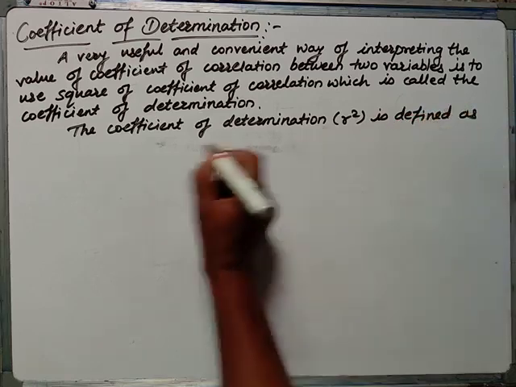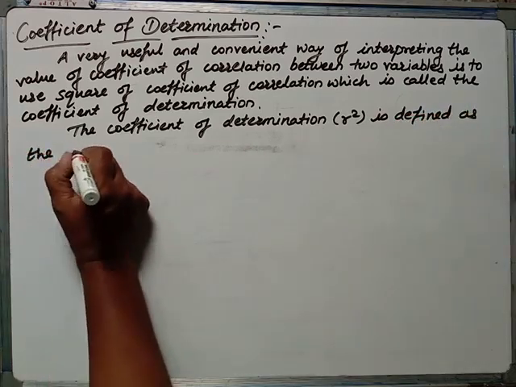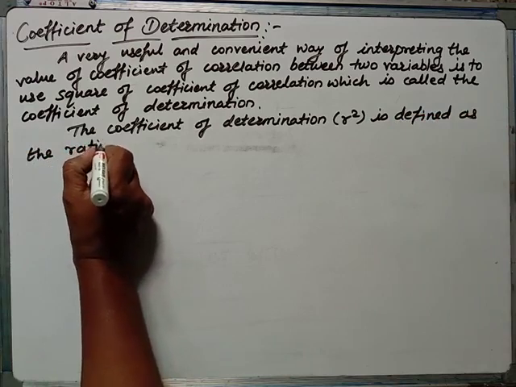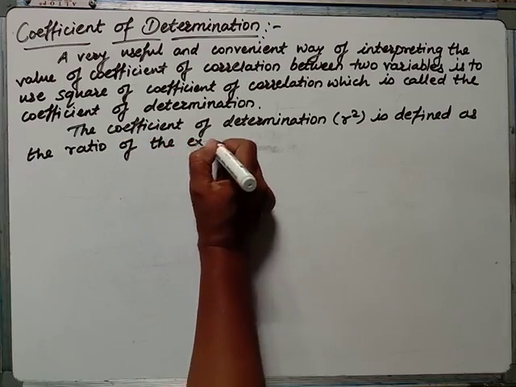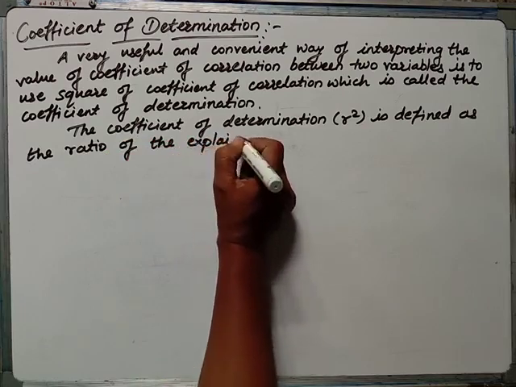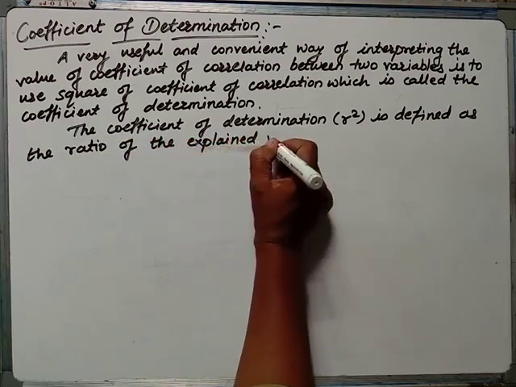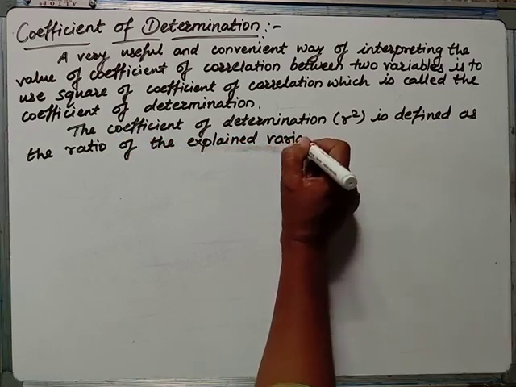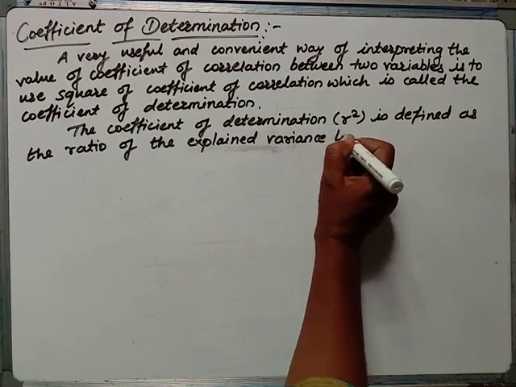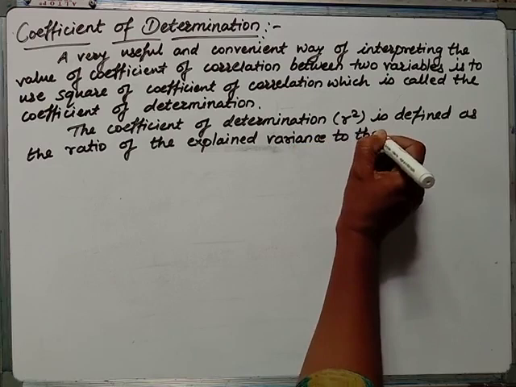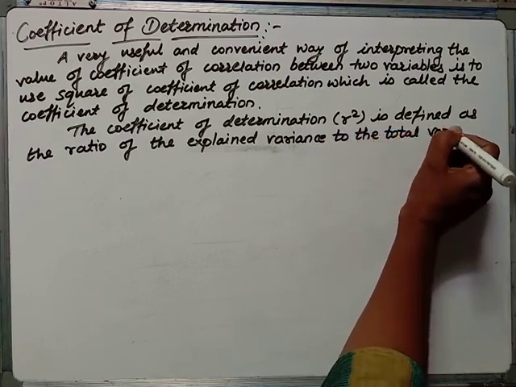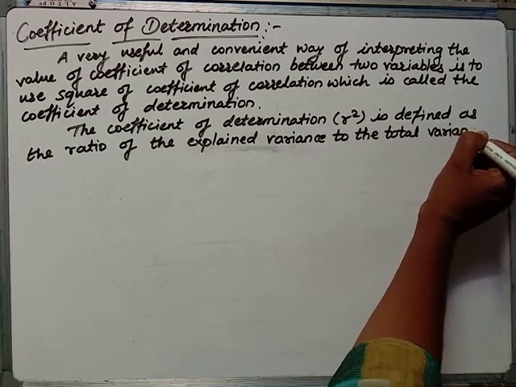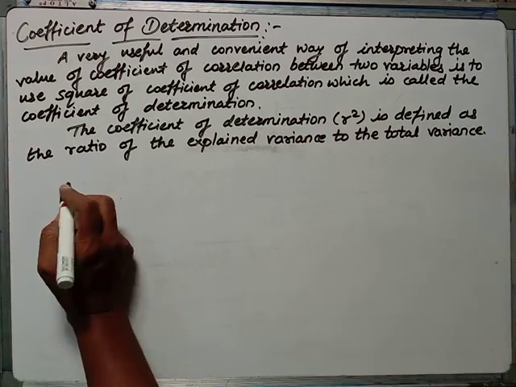as the ratio of the explained variance to the total variance.